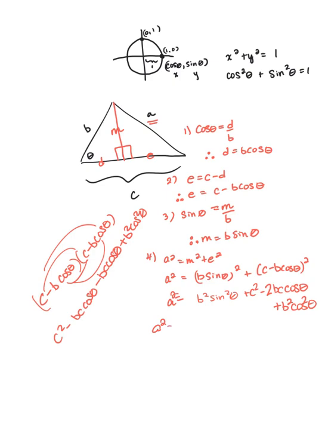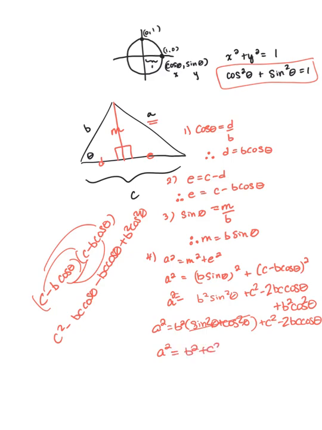So I have A squared equals B squared times sine squared theta plus cosine squared theta. But from the top of the page, we know that that's just equal to 1. Plus C squared minus 2BC cos theta. Okay, so this is the law of cosines. A squared equals B squared plus C squared minus 2BC cos theta.